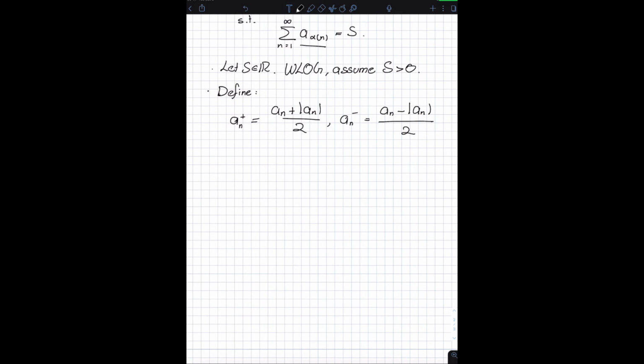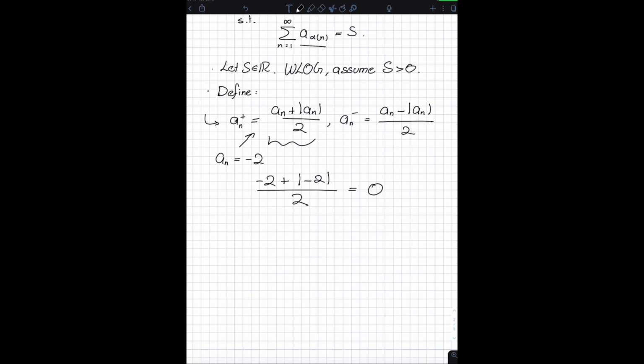So for example, let's see what happens. Let's say that a of n is equal to negative 2. This is a negative number. Let's see what happens when I put it over here. I get negative 2 plus the absolute value of negative 2, divided by 2, and it's just changed to 0. What this process does for a of n plus is that all the positive terms remain the same.